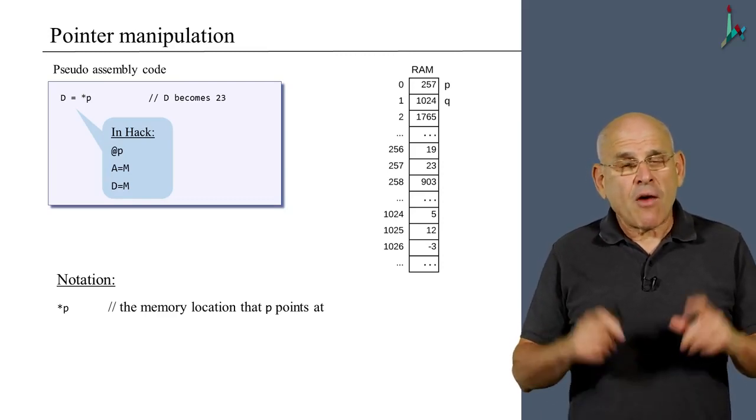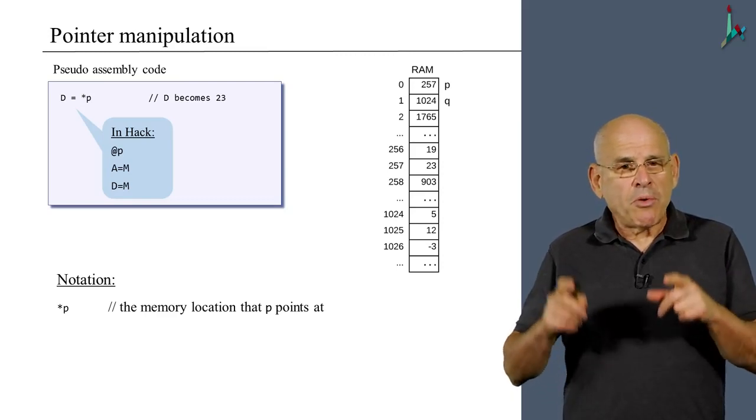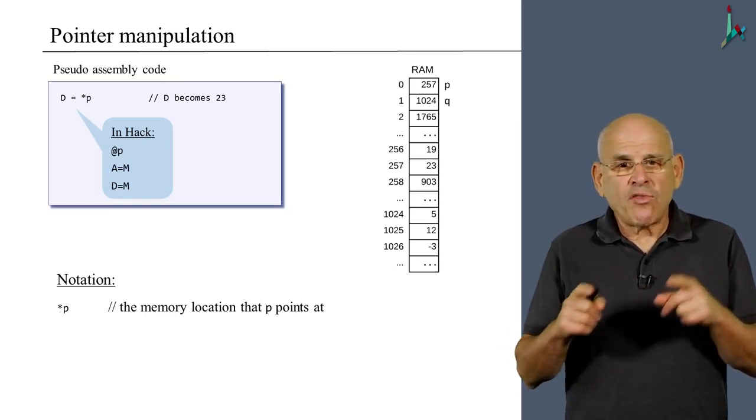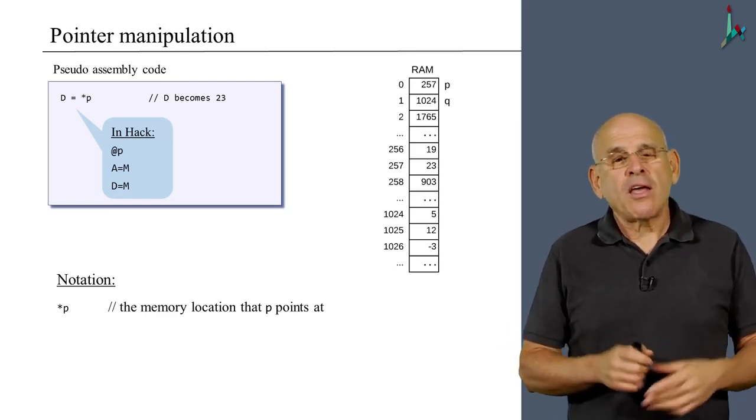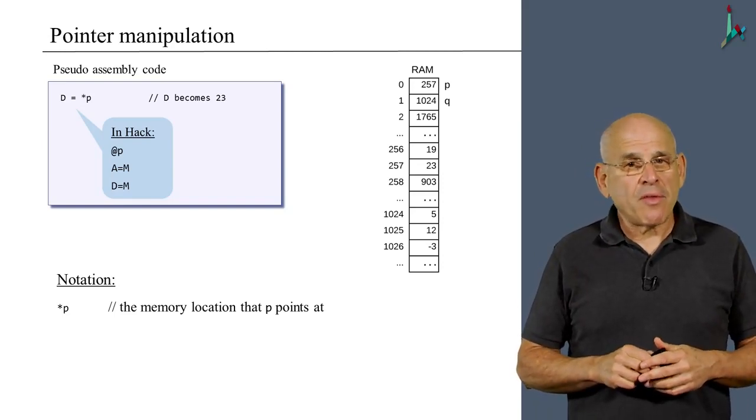Now remember that A is an address register. So once we put a certain value into A, like 257, automatically we're going to select register number 257 from the RAM.